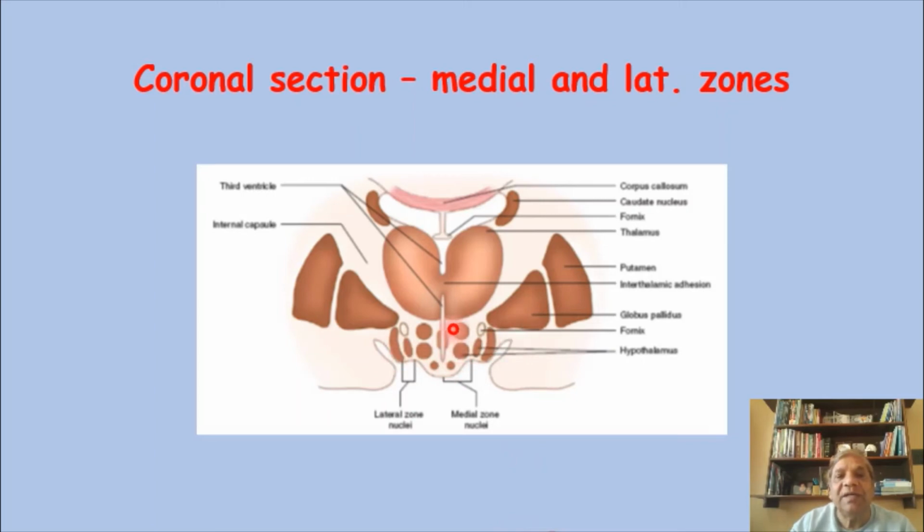These are the medial zone nuclei, and then these are the lateral zone nuclei of the hypothalamus on the right side and left side, because this is the third ventricle, slit like, and this is the mammillary body here. Medial to lateral zones are shown here very roughly, just to give you an idea of the area of the hypothalamus. And this is the internal capsule fibers going laterally.